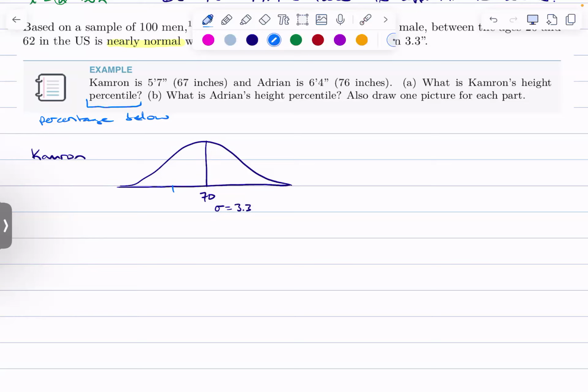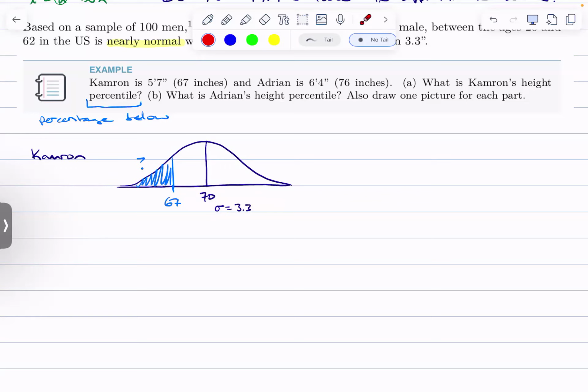So if I put 67 inches here on this number line, really what I'm looking for the percentile is I want to find, okay, this area. And usually I shade it in and I put a little question mark there to indicate to myself that that's the thing that I'm looking for. So I want to find what percentage of heights are below 67 inches.